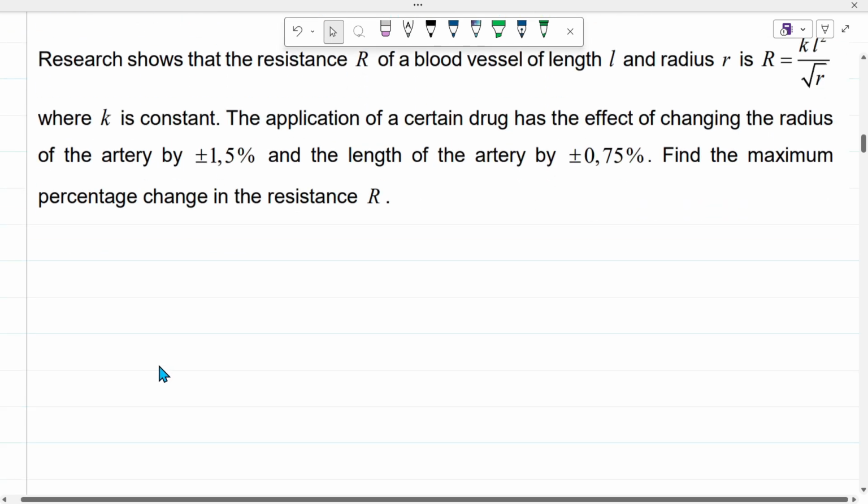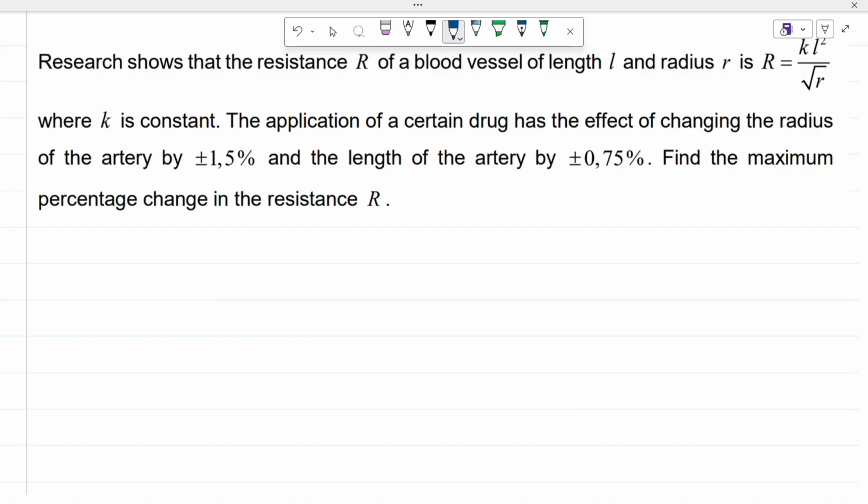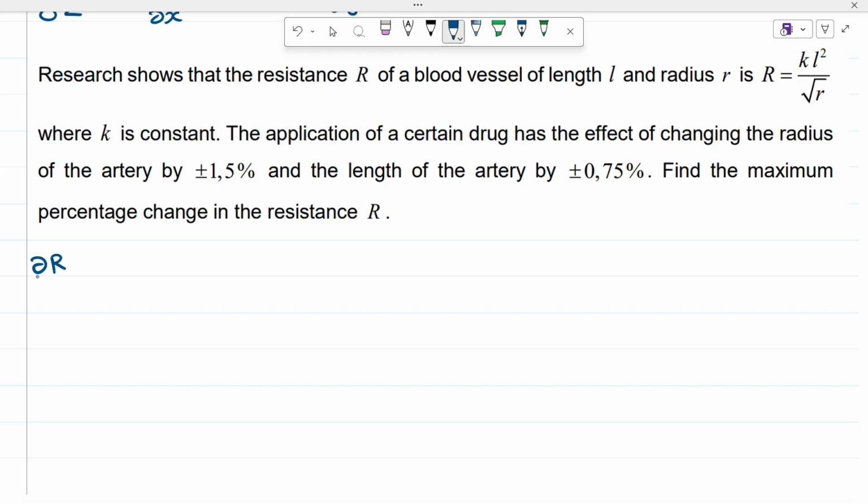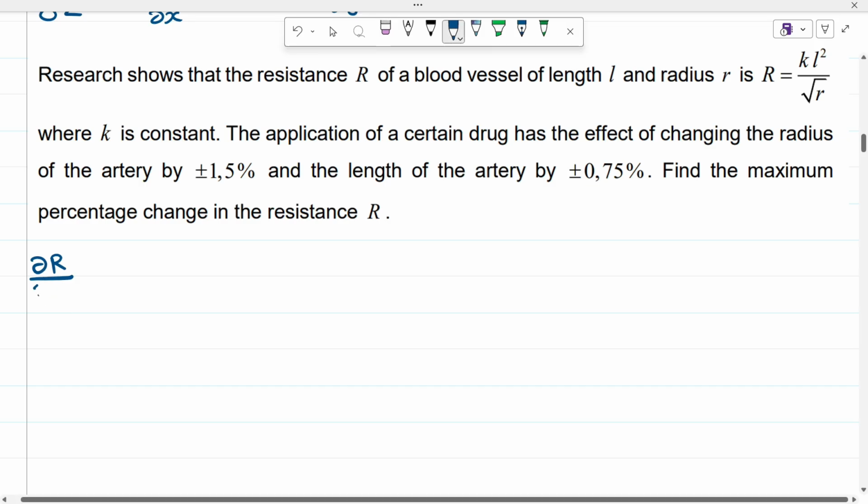Partial derivative of R. So partial derivative of R with respect to what? Let's start with the L one. Partial derivative of R with respect to L is going to be equivalent to, so we're differentiating with respect to L, meaning that r and K are constants.